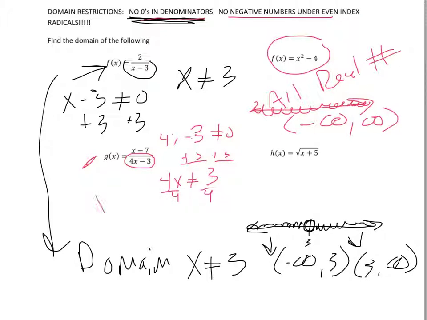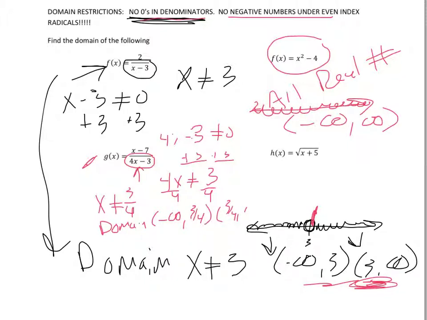And we get x is not equal to 3/4. And notice if you plug that back in, 4 times 3/4 minus 3, that's going to give us 0. So we can say this is the domain. We can also write it in interval notation like we had before, but now the point that's missing is 3/4. So it's from negative infinity to 3/4 and 3/4 to infinity.